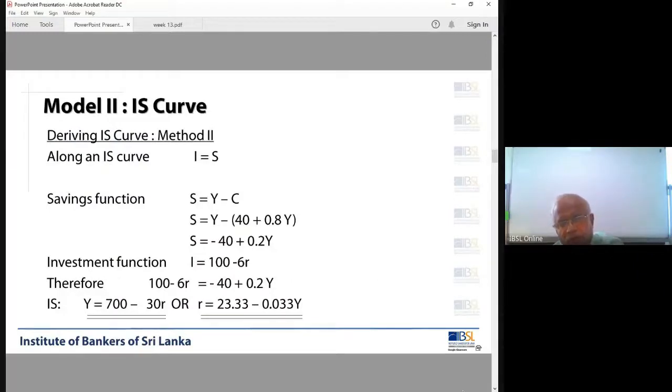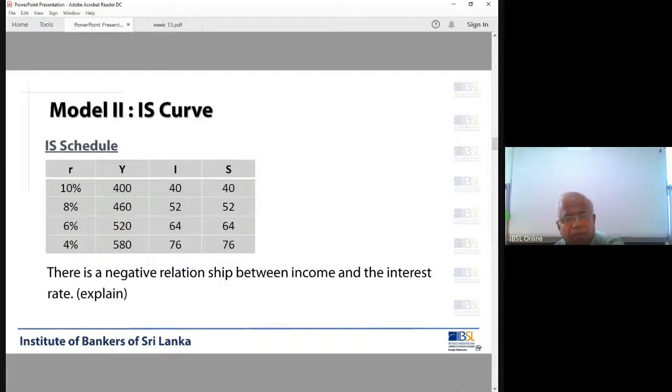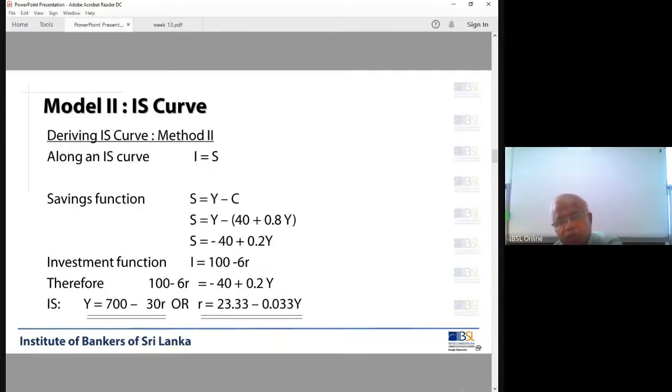The savings function is in terms of income. Income is 400. Substitute income 400 into the savings function. 0.2 into 400 minus 40.